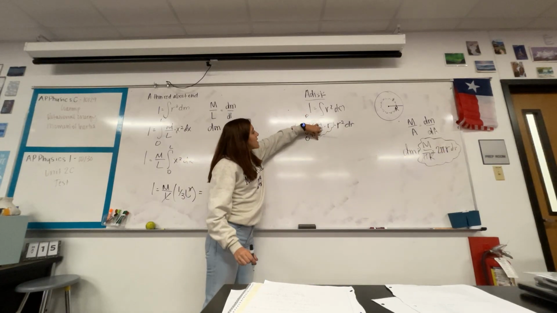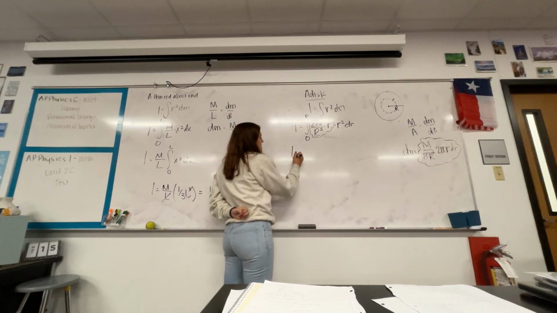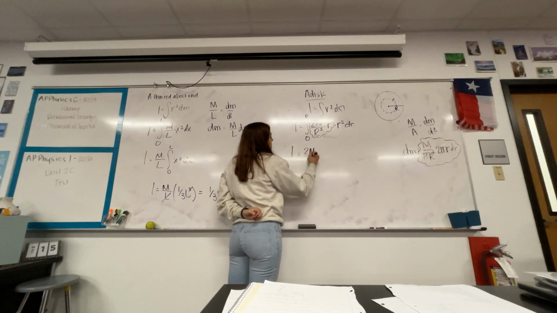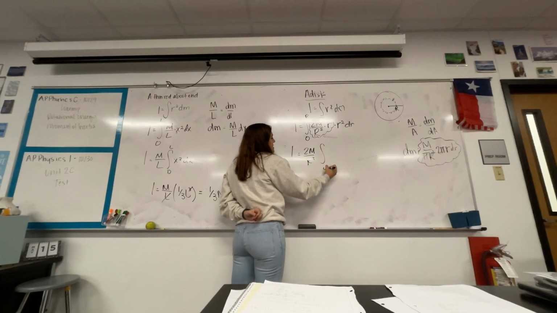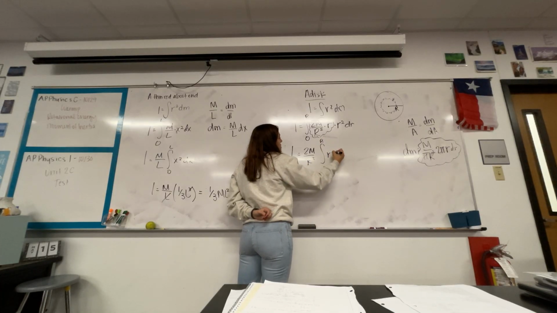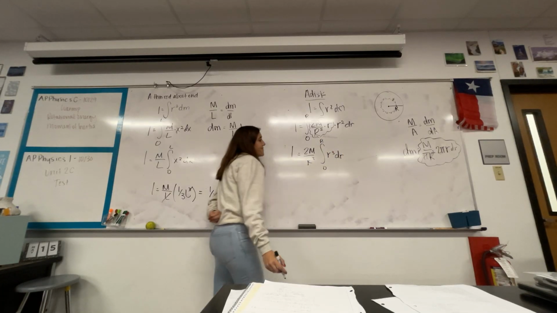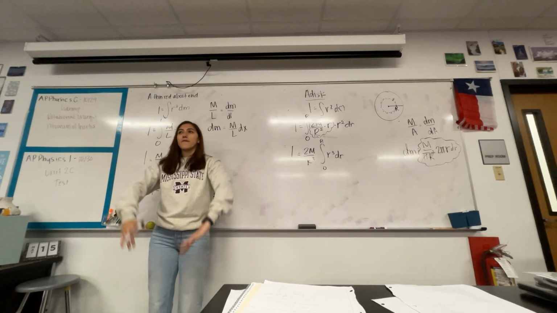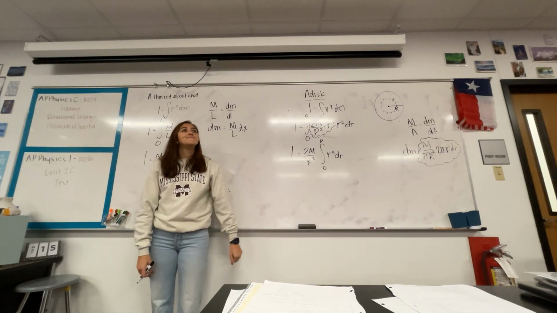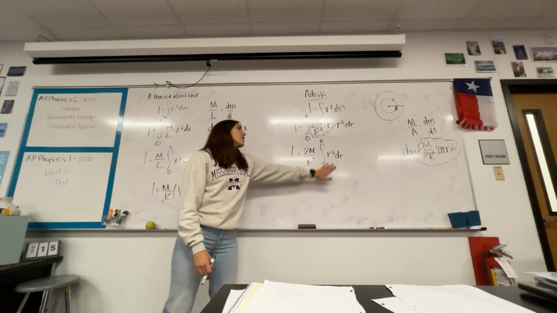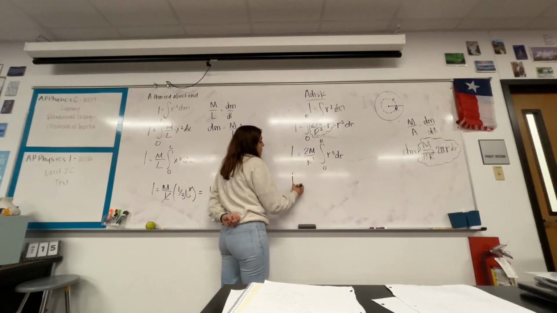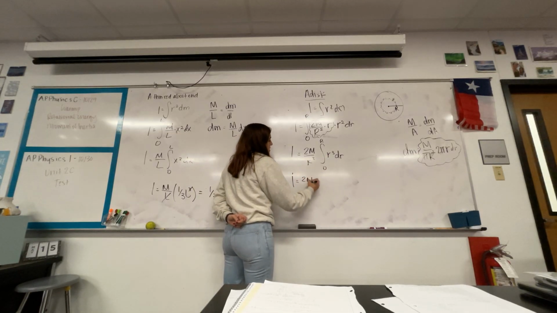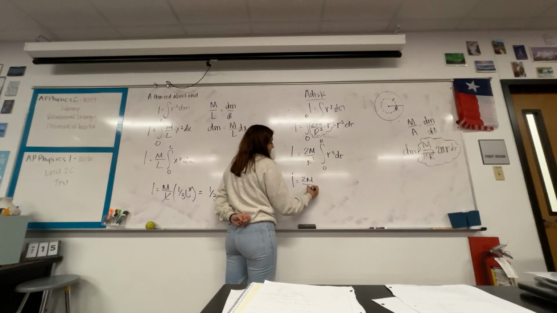Now, all of this stuff here is a constant, so it gets pulled out, 2m over R squared. And then this is 0 to R of r cubed dr. I'm back to a power function. Hurrah! The integral of r cubed is just 1/4 r to the 4th.